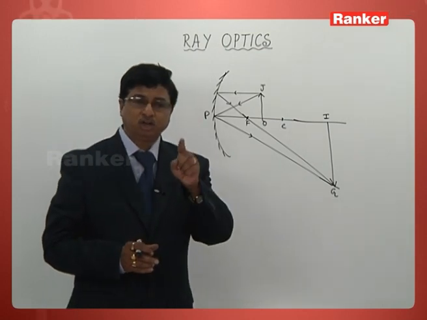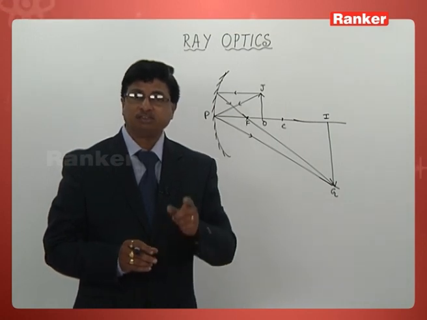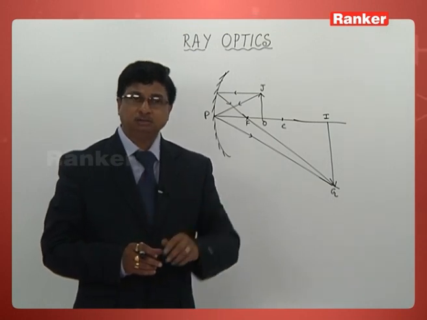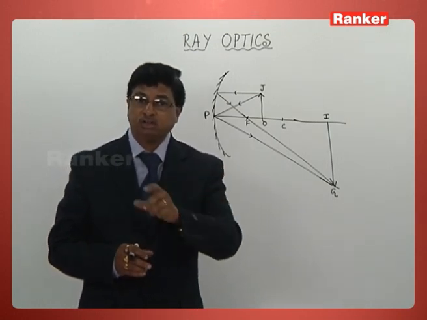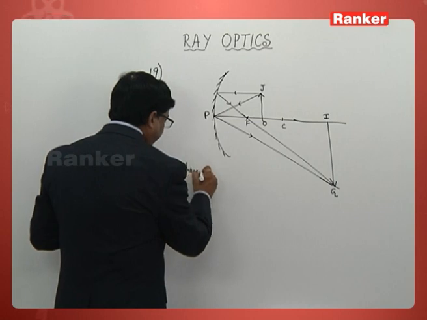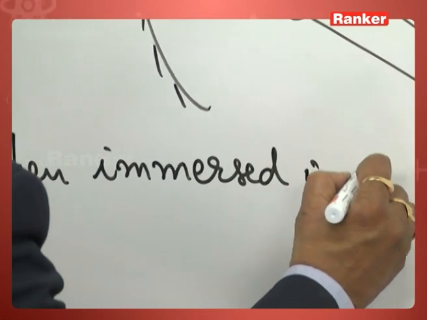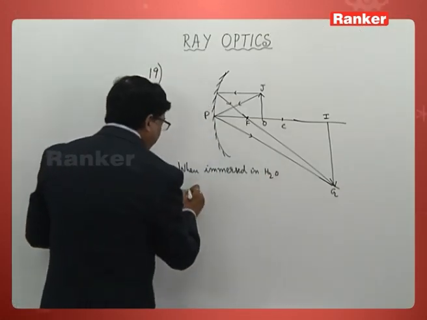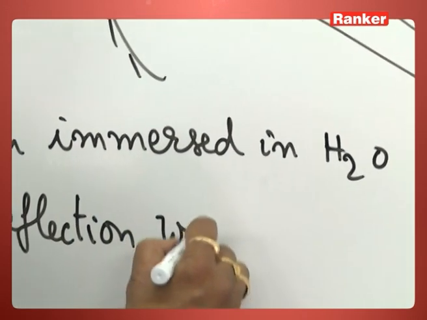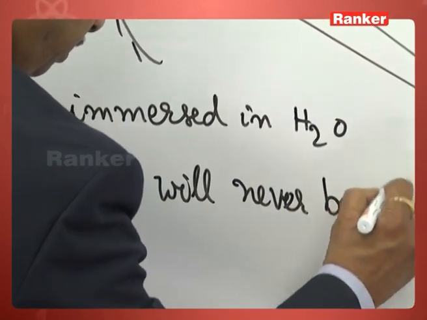Due to that, what is the correct option now, you guess? Come on, guess that one. Which is the correct option? It is certainly the 4th option, D. It will not suffer any change in position. So what can we understand? When immersed in water, reflection will never be affected.